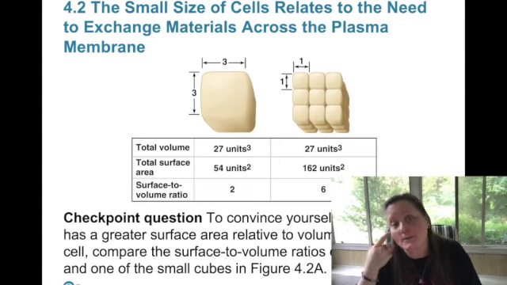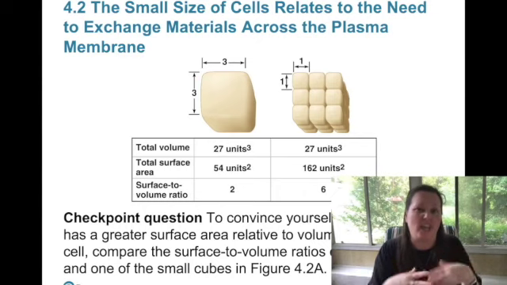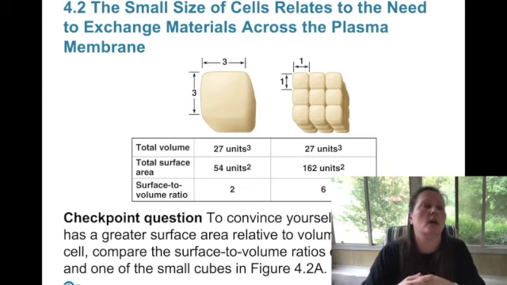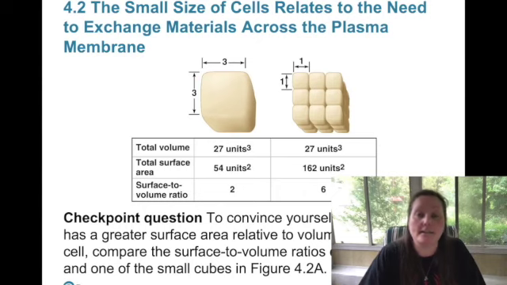I like to make sure you understand what mosaic means, which means it's all made up of a lot of different parts. A lot of times they use the phrase fluid mosaic for the way the cell membrane works. Anyway, here is the surface to volume ratio.